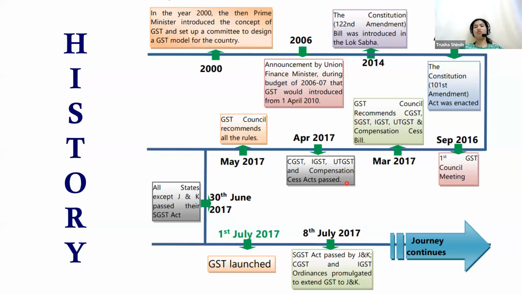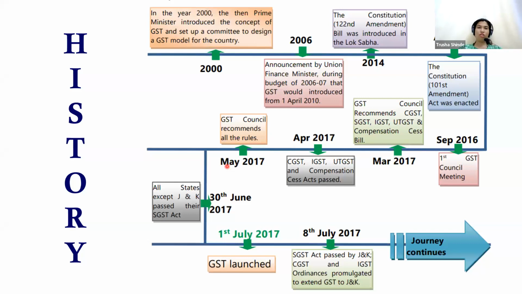Later in March 2017, the acts regarding the dual GST model were passed: the CGST Act of 2017, the IGST Act of 2017, the UTGST Act of 2017, and the SGST Act of 2017. Later in May 2017, some rules were framed.